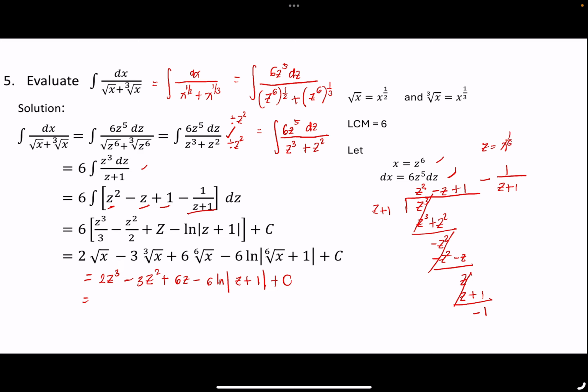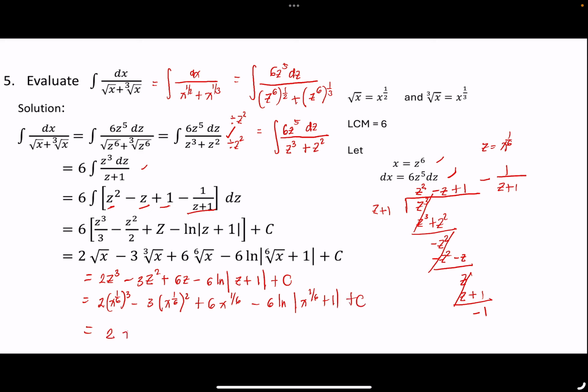x raised to 1 over 6. So 2 x raised to 1 over 6 cubed minus 3 x raised to 1 over 6 squared plus 6 x raised to 1 over 6 minus 6 ln of x raised to 1 over 6 plus 1 plus c.